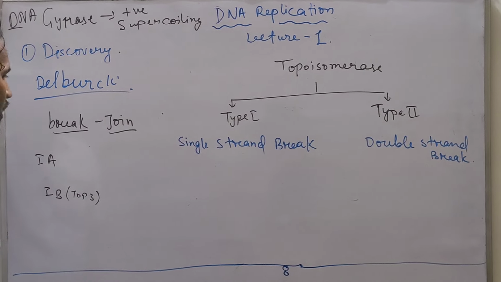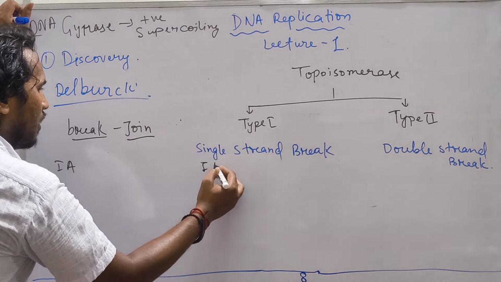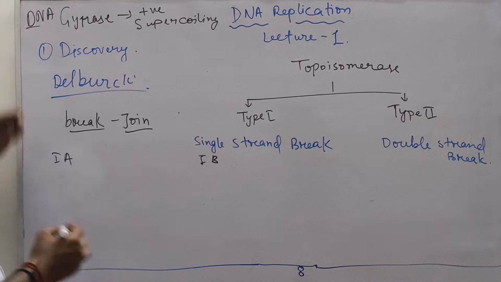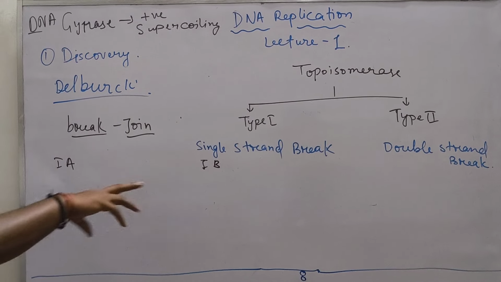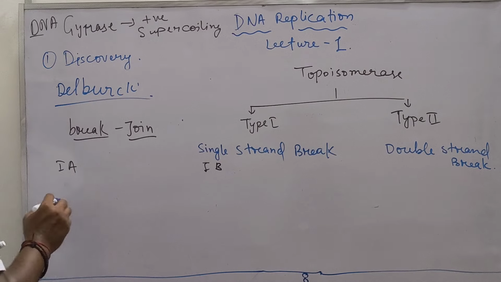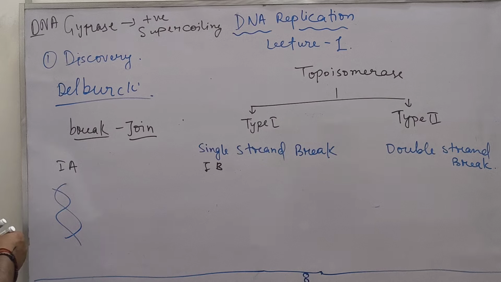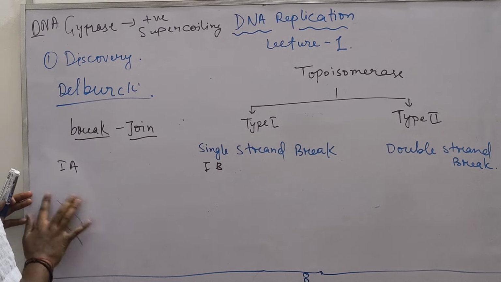Now 1A and 1B are the two different types of type 1 topoisomerase. So in one, what you will find, this is a DNA, and now let me draw the two strands with a different color.